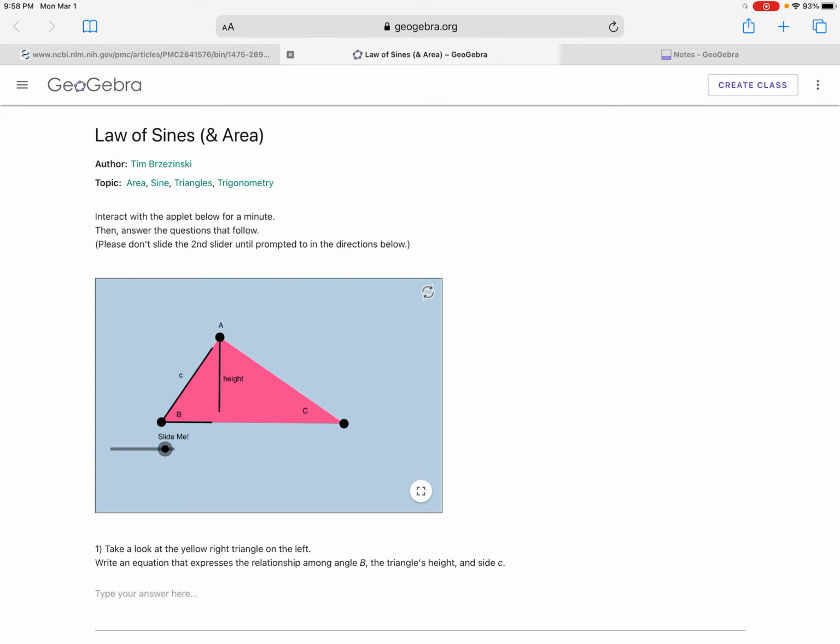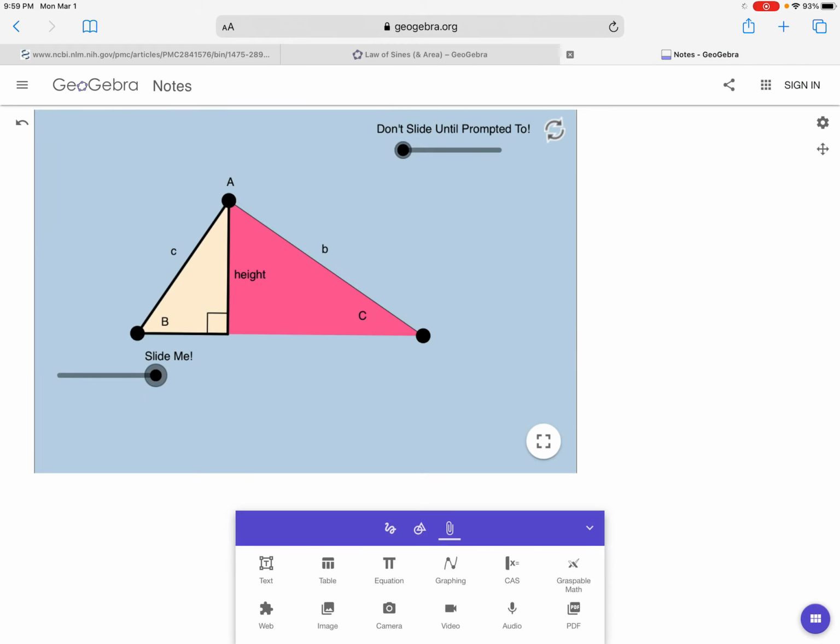So in this case, my base is the side that's opposite angle A, which would be side A, and my height is the side that's opposite angle B, that's perpendicular from A, the altitude, to the base A. So let's go look at that.